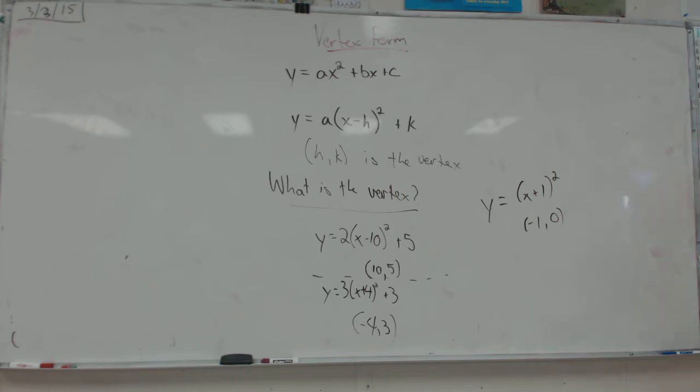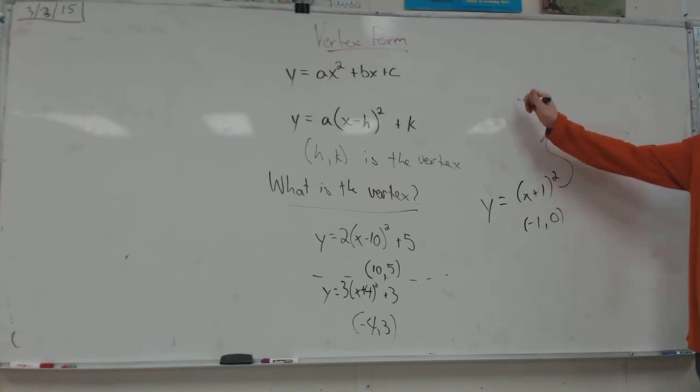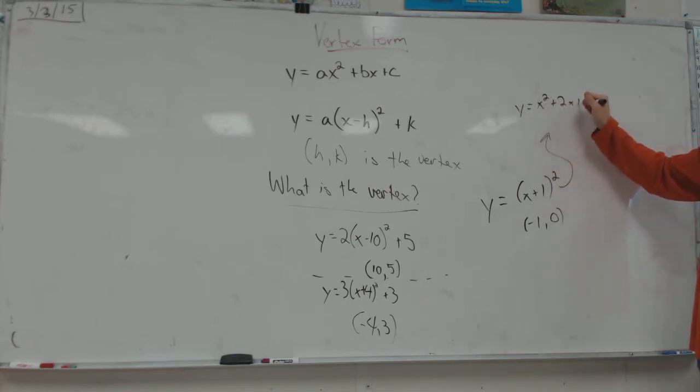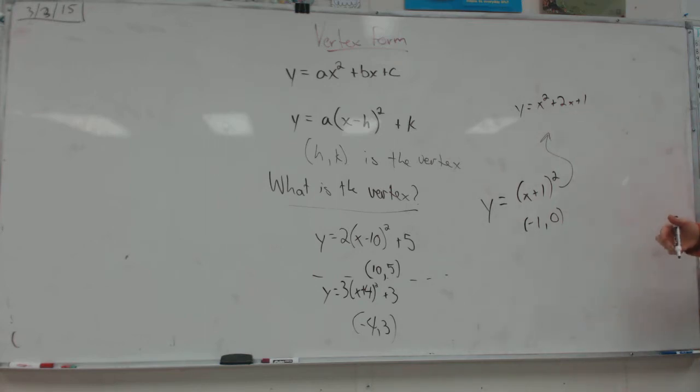So let's just take a second to prove that this is true. If I converted this into the regular form, just by expanding this, I'd have y equals x squared plus 2x plus 1. This is the same thing as this. And the way that we would find the vertex here is what?